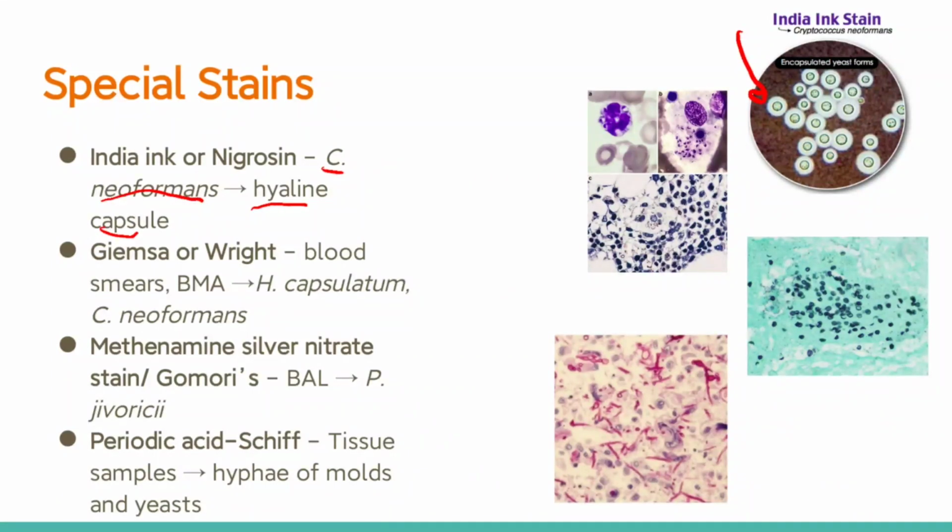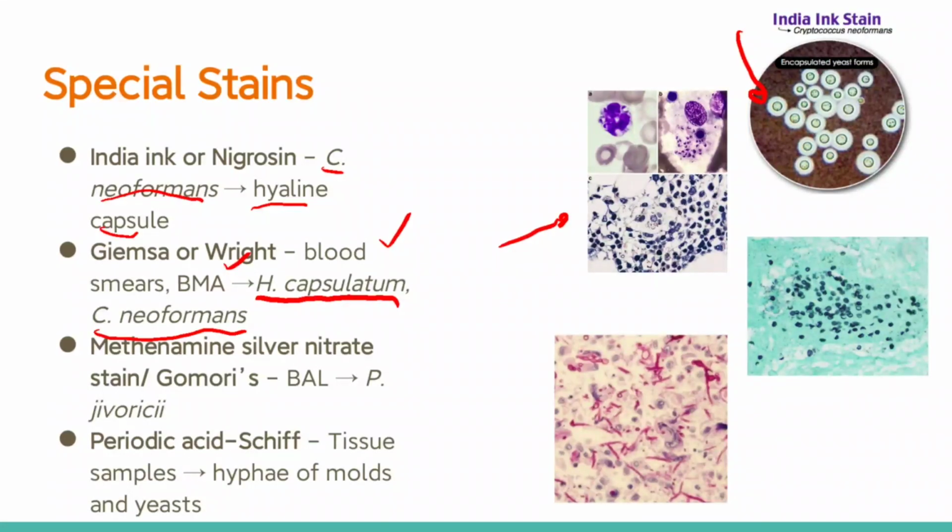Okay? Next, we have also the Giemsa or Wright stain. So, for blood smears or mga bone marrow aspirates, no? So, yung mga pang-hematology samples natin. Okay, so ito yan. Makikita natin dyan, usually we have the Histoplasma capsulatum as well as the Cryptococcus neoformans.